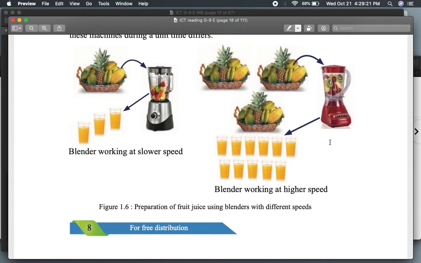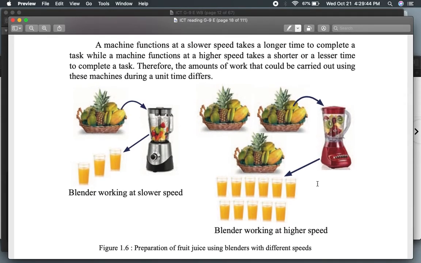Then we have another image of another blender, a red one, with 3 fruit baskets giving out more fruit drinks, identified as a blender working at higher speed. So coming back to what I said, the difference between the processors. Now this could be an Intel i3 processor, and this could be an i7 processor.